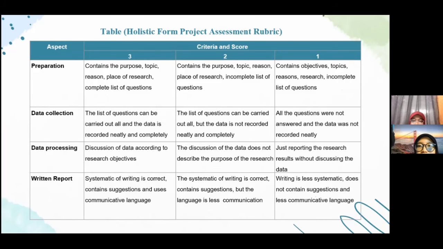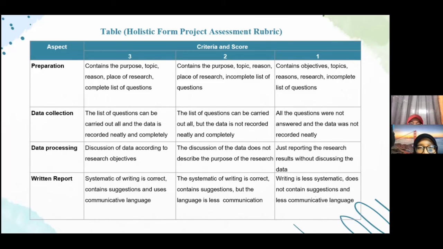If it contains the purpose, topic, reason, place of research, and an incomplete list of questions, we get the score 2. And if it contains objectives, topics, reason, research, and an incomplete list of questions, we get the score 1.